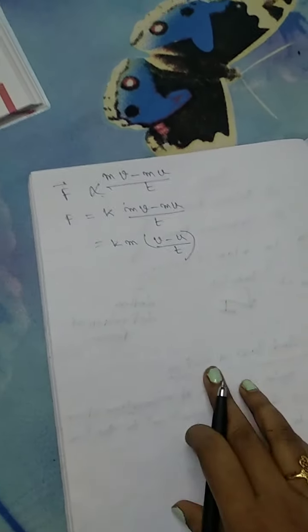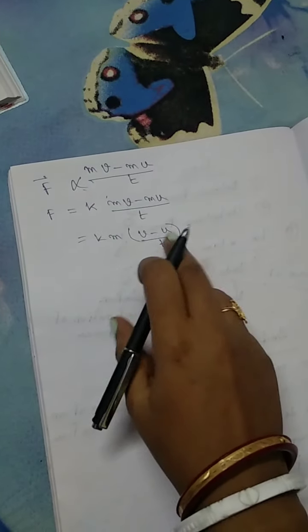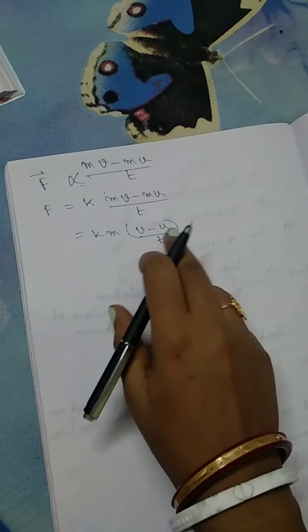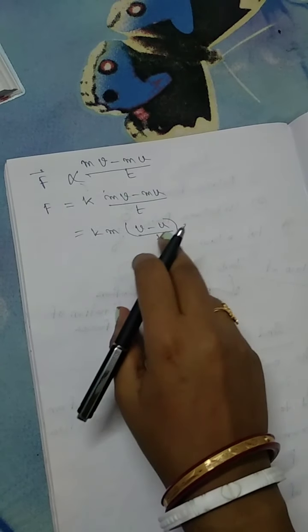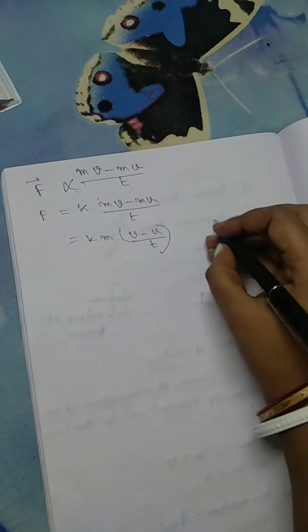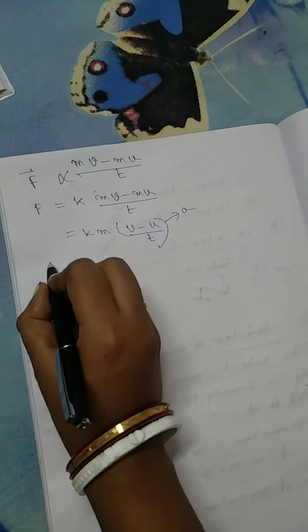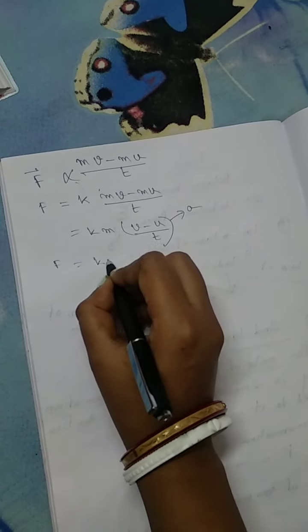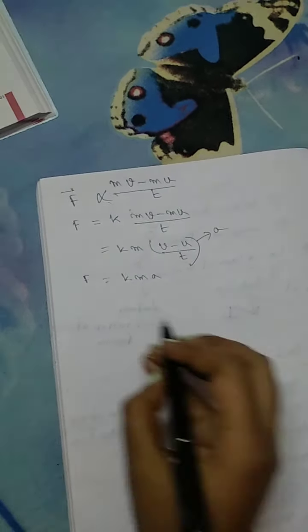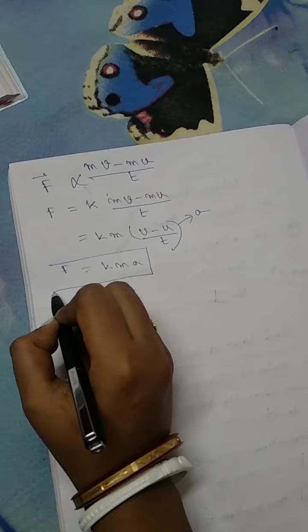Now look, I think you know this already, right? (v minus u) by t is the acceleration, or a. So F is equal to kma. This is the formula of force. So the definition of force is arrived at from the first law of motion, and the formula of force is arrived at in the second law of motion.